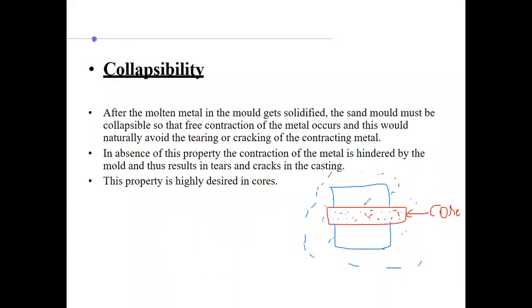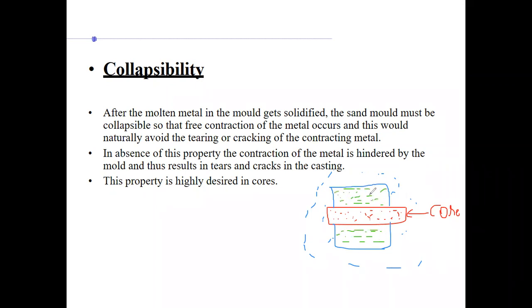We had placed a pattern here, in this particular spot, and then removed it. So all you have here is a mold cavity, right? Once the pattern is removed. So now when you fill in the molten metal, you see it is solidifying.